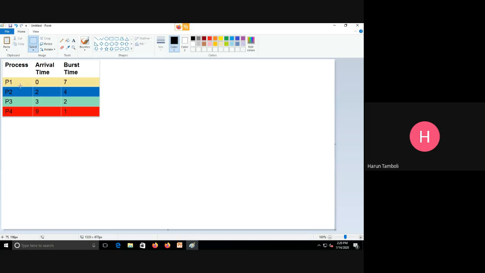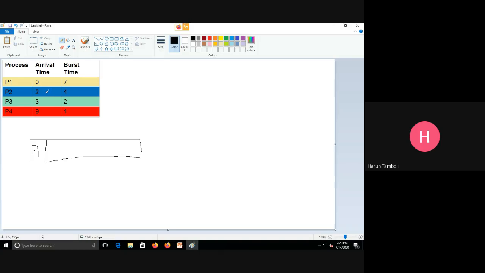Okay, so we have the example regarding the different arrival time. Start to draw the Gantt chart for this problem. Let's start with P1.